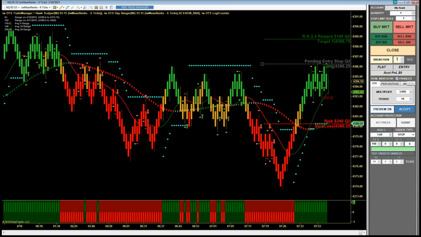I see that one extra tick made a difference between two contracts or one contract. So I'll take it right on the hash mark, and we'll see if they get up here. You'll see how the trade manager will roll the stops for me. And if they don't get up there soon, I'll just punch into the trade so that you can see how trade manager manages the position.